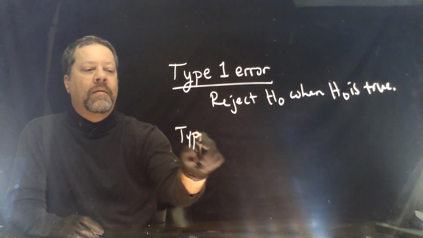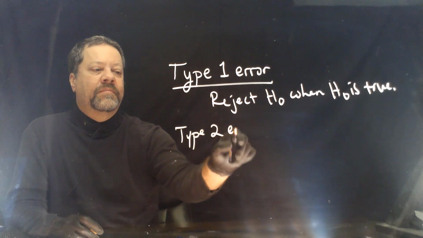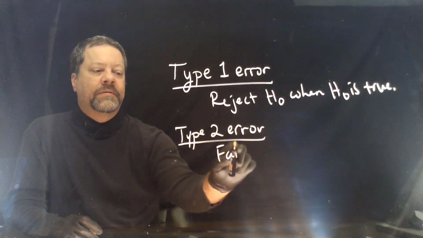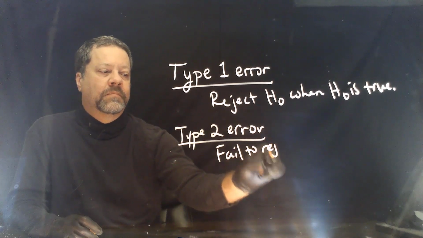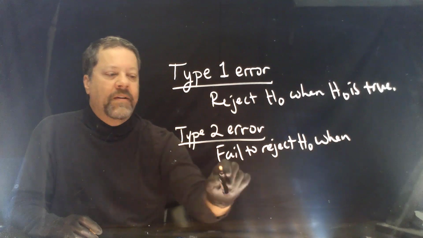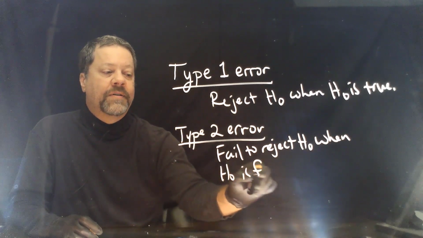The type 2 error occurs when we fail to reject the null hypothesis when the null hypothesis is false.